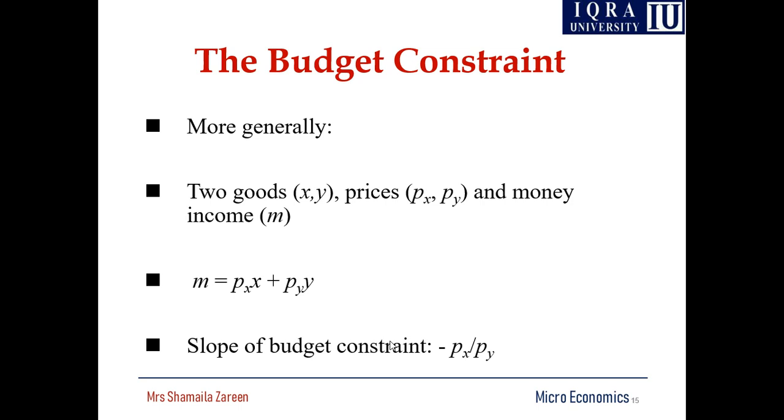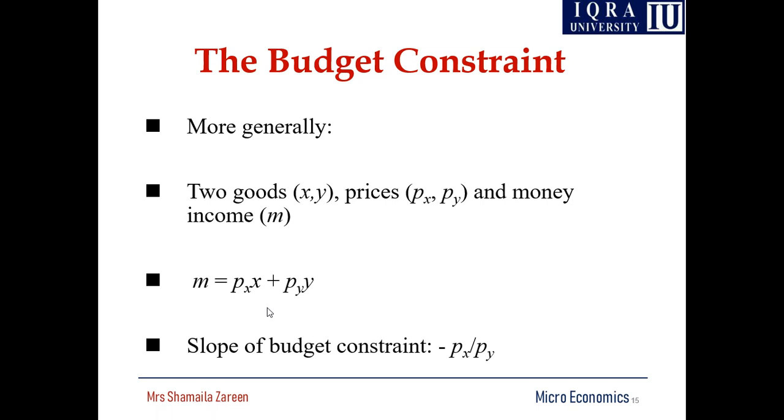The consumer's expenditures on good X plus his or her expenditures on good Y do not exceed the consumer's income. Note that if the consumer spends his or her entire income on the two goods, the equation holds with equality. This relation is called the budget line, and that budget line can be shown in this form.